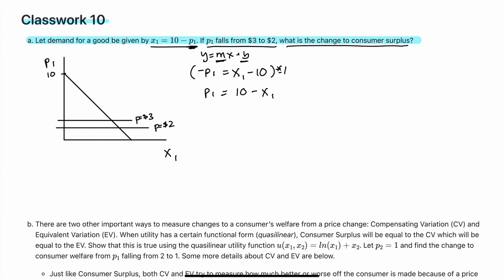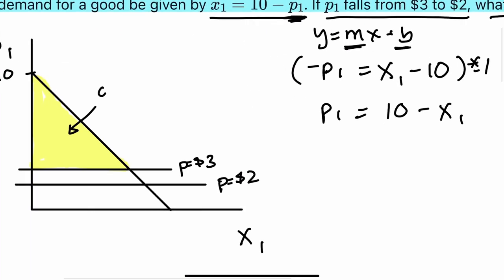We learned that consumer surplus is the area under the demand curve and above the price out to the quantity demanded. So the yellow area is the consumer surplus before the price drop. Then I'll highlight in blue the consumer surplus after the price drop.